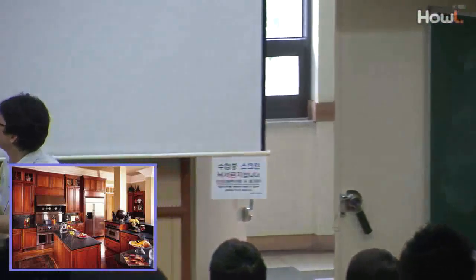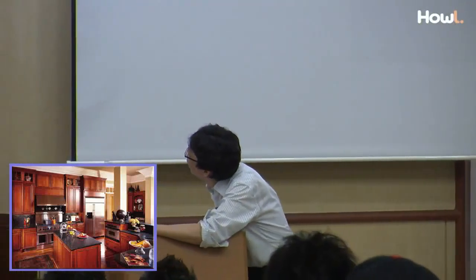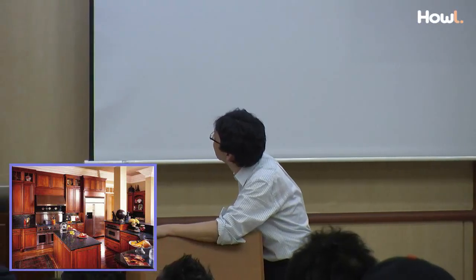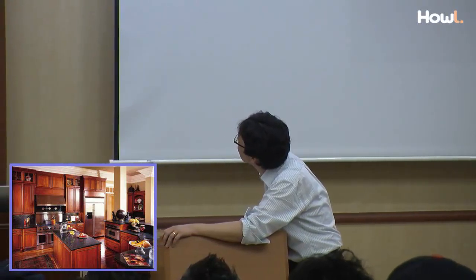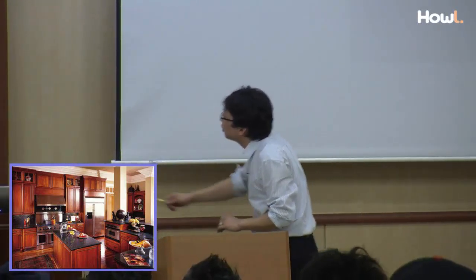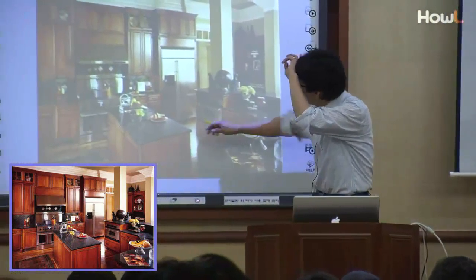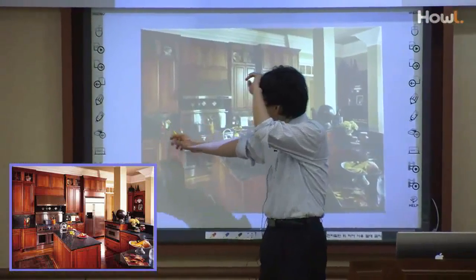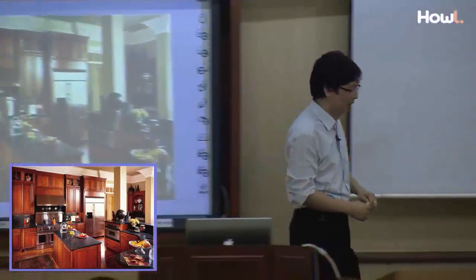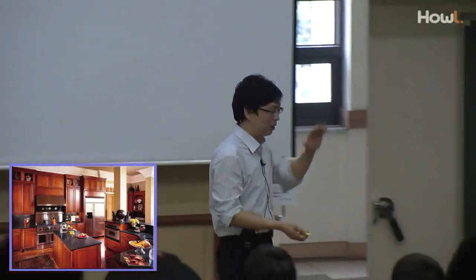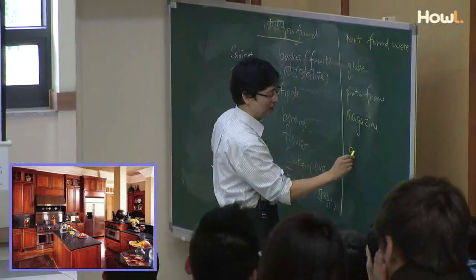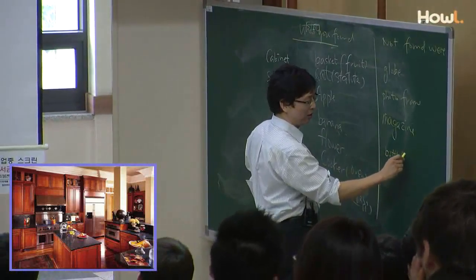Okay, you found some. Wine. Where is the wine? This one you're talking about? No, left side. This one? Yes, left. What is it? A kind of bottle, yeah? Cooking oil, okay.